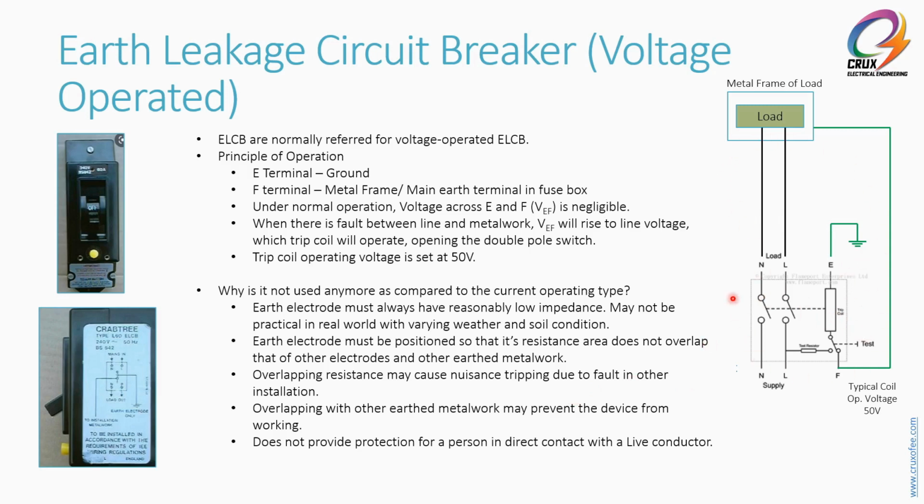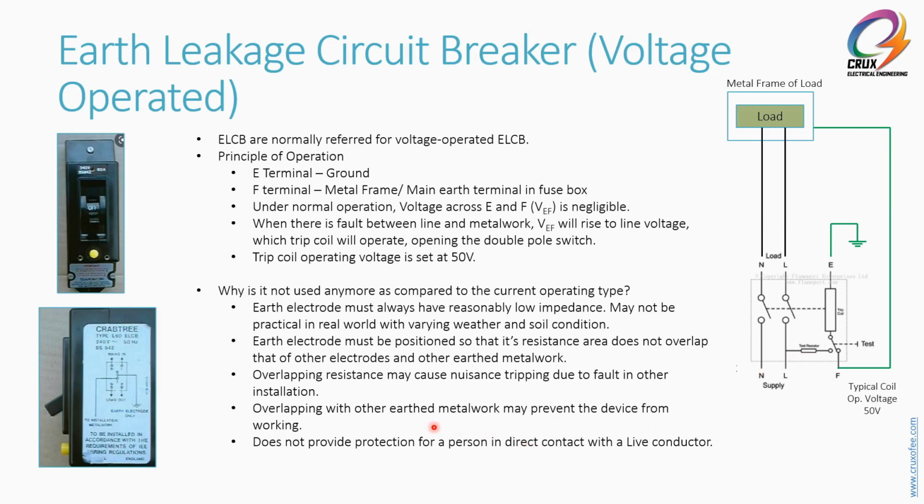When you have a lot of residences, each house will have this kind of protection, and each house will normally have its own earthing electrode. But because earth itself becomes a conductor, when there are overlapping earth electrodes or earth resistance, a fault in another building may trigger nuisance tripping of the ELCB in the adjacent building.